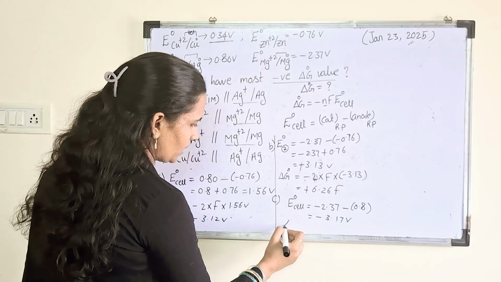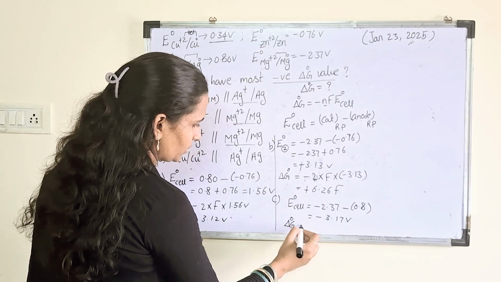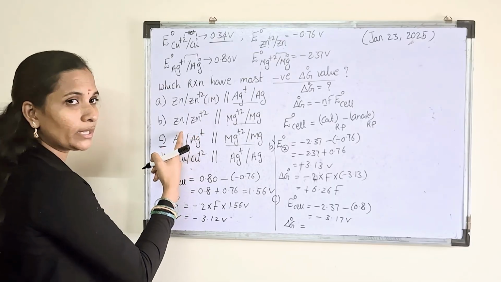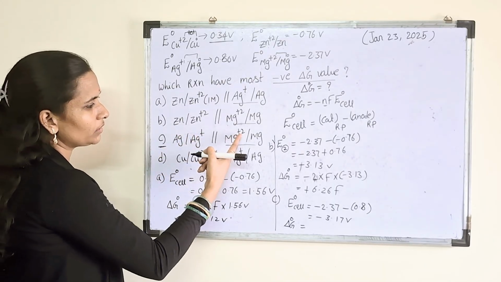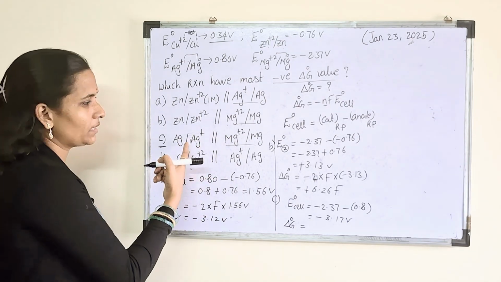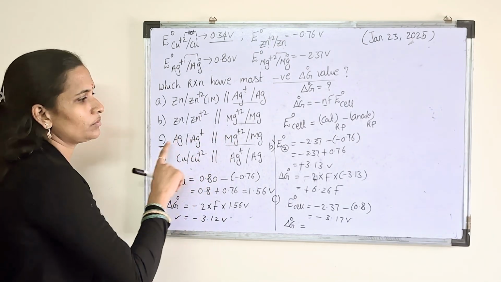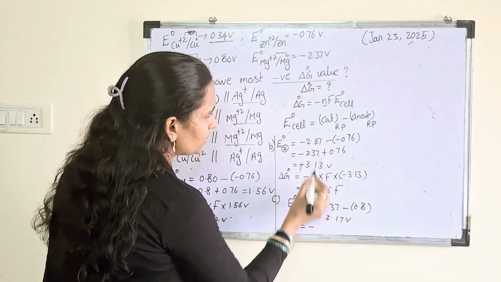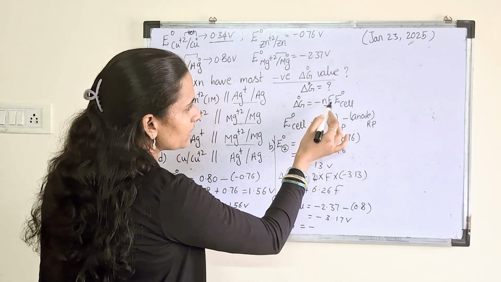So calculate delta G naught for the third equation, third cell. Here how many electrons are involved? Ag becomes Ag plus with 1 electron only. Here Mg plus 2 becomes Mg, 2 electrons involved. So when we are balancing the equation, in this cell 2 electrons only are involved. So N value is 2. Delta G naught equals minus nFE naught cell.